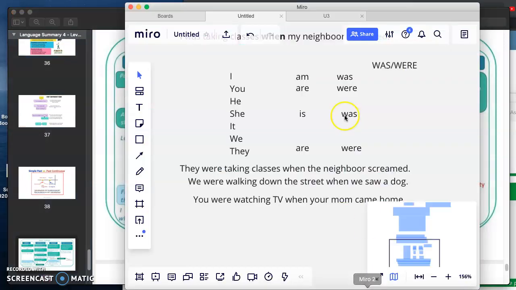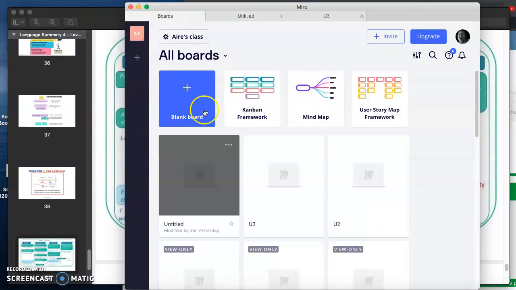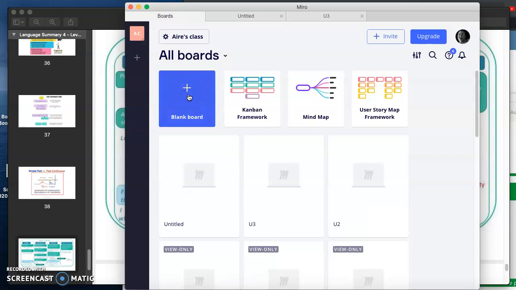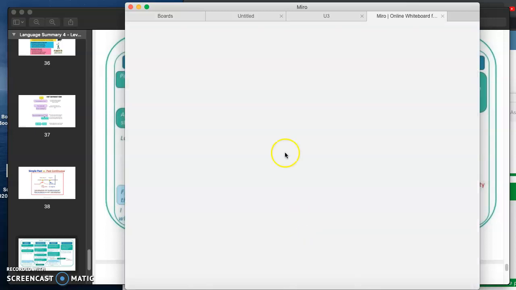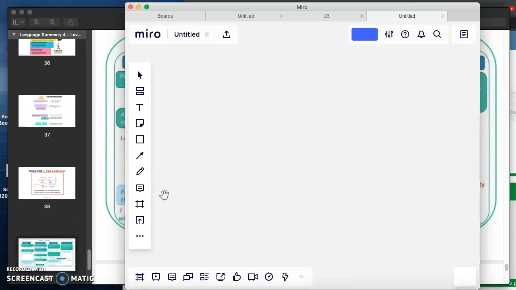So if you guys remember the present perfect, you know that to do present perfect, we need to use have and then the past participle of the verb. In the past perfect, it is basically the same. It's just that instead of have, we are going to be using had in the past. Let me wait for this to load so I can show you.